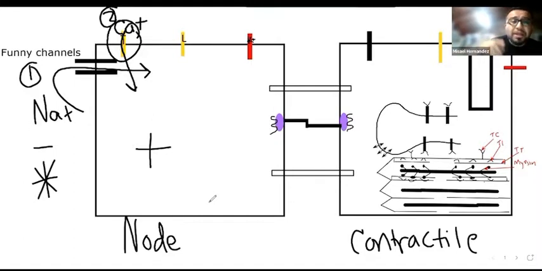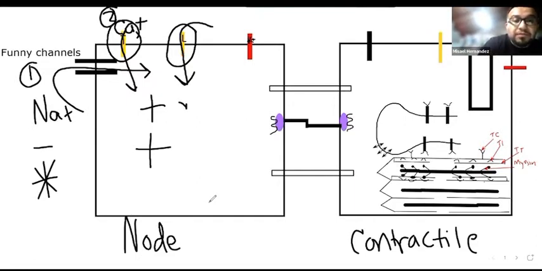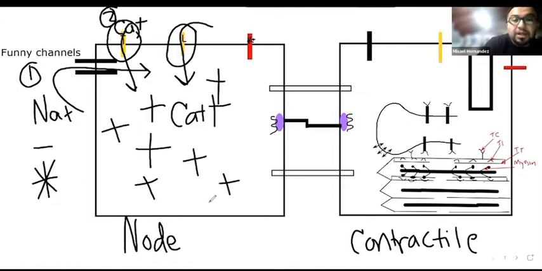But once it hits its threshold, the L channels become activated, and they start bringing in a large amount of calcium, and it generates a positive polarization of the cell.